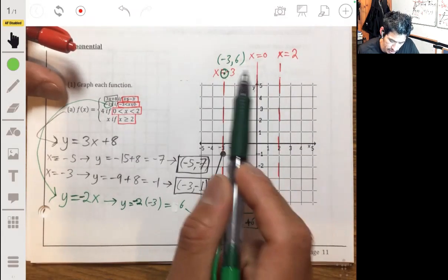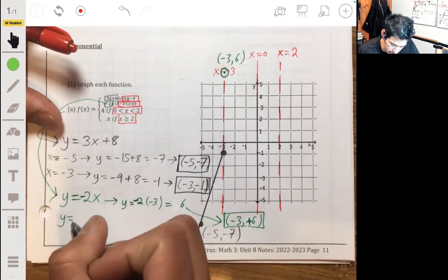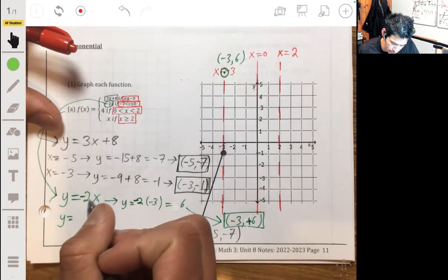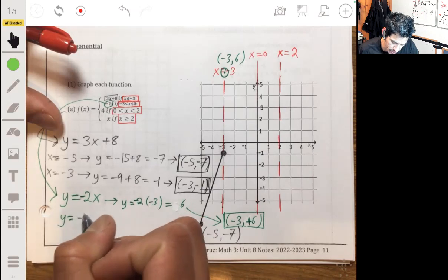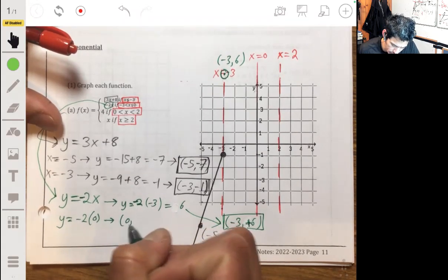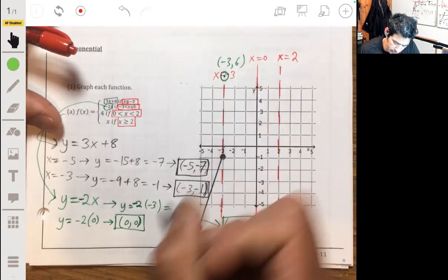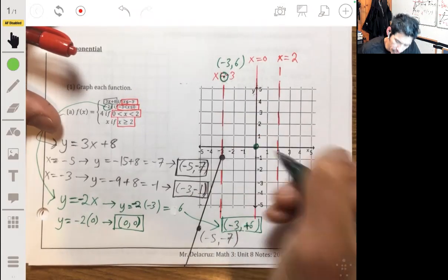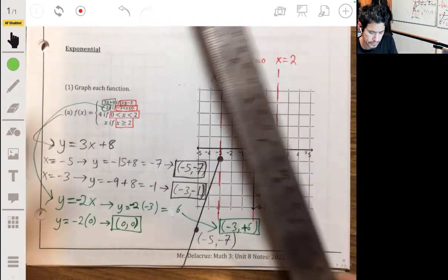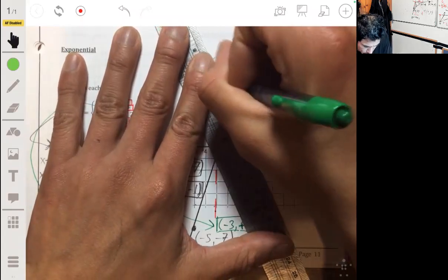So now let's just plug in 0 into this. When x is 0, that's just -2 times 0. So y is 0. That's pretty obvious. 0, 0 is on our graph. So the origin, just connect them, bang.